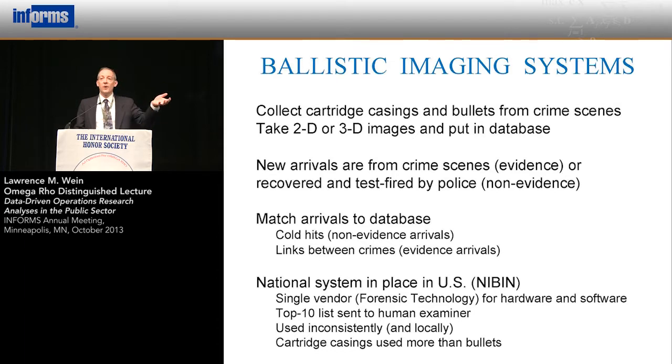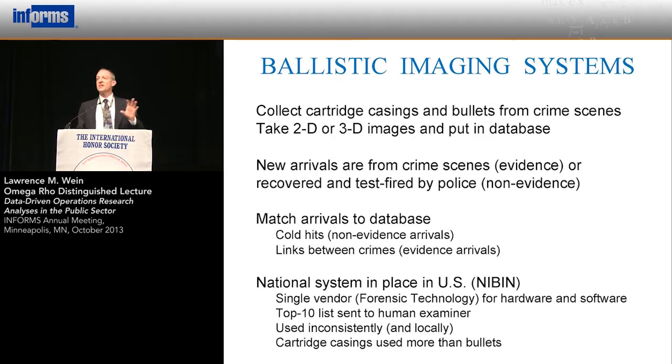For example, if you already know who did the most recent crime, you could charge them with other murders that happened in the past. And better yet, say you pull someone over on the side of the road, they run a red light, you find an unlicensed gun in the glove compartment, you confiscate that gun, shoot it off, take a cartridge casing, compare it to the database, and find, wow, this gun actually shot somebody 6 months ago. So you get a cold hit.